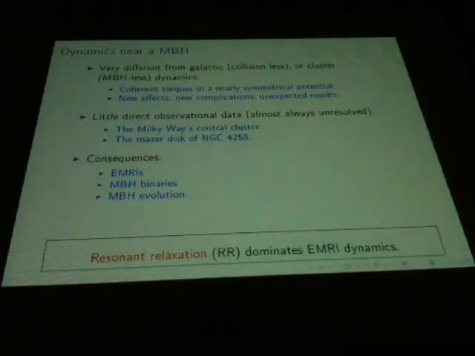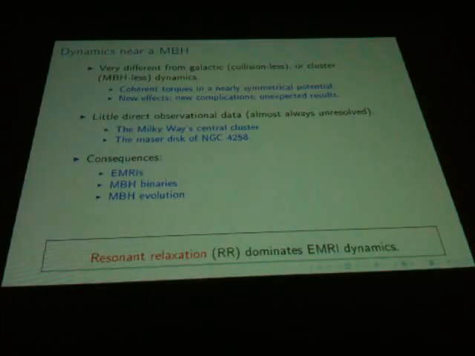Now, I'm not trying to claim that it's easy to understand those processes, but at least we have some observational data to check our ideas against. We have very little direct opportunity to observe what's happening so close to a massive black hole, and there are only very few such systems, and because they're so rare and they give us an opportunity that we otherwise don't have, I'm going to focus quite strongly on them.